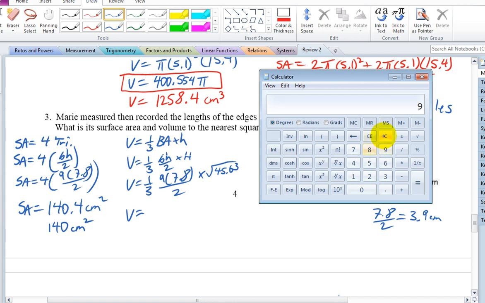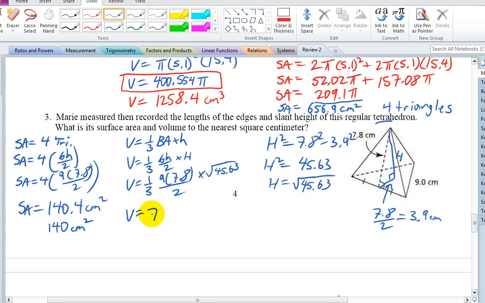No, clear. 9 times 7.8 equals, divided by 2 equals, divided by 3 equals, times the square root of 45.63 equals 79. 79 centimeters cubed.